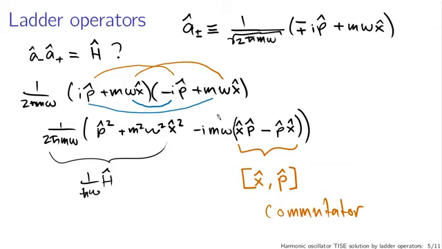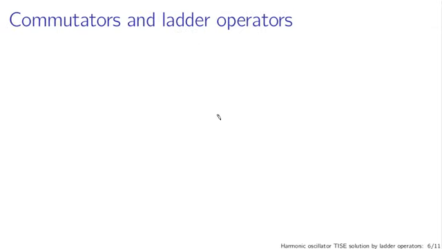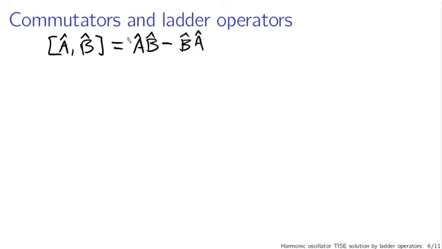So, let's talk about commutators in a little more detail. The commutator in general is defined for two operators A and B to be what you just saw on the last page. First, I have A, B, and then I subtract the opposite order, B, A. So if I used this combined operator to act on a wave function, I would first let A act and then let B act.